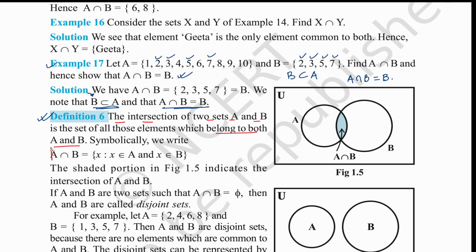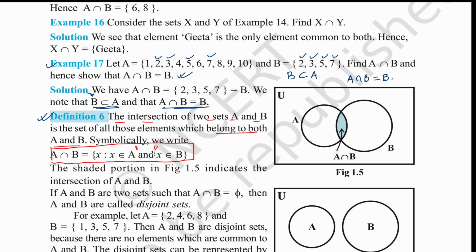And symbolically, A intersection B is nothing but the collection of all x such that x belongs to A and x belongs to B. Now here also, this is a compound statement having two different statements, that is x belongs to A and x belongs to B. And here the connecting word is and.